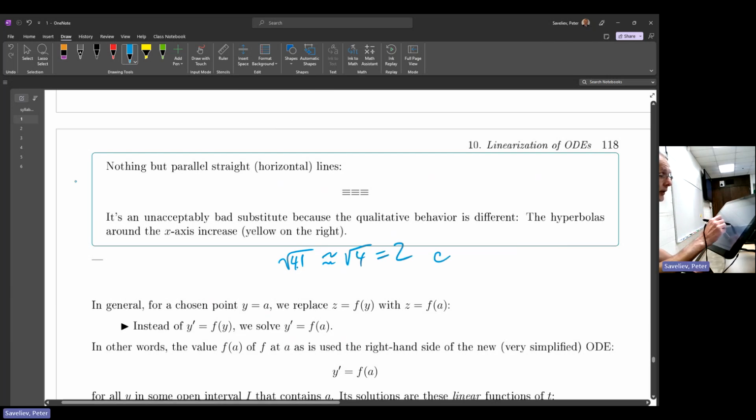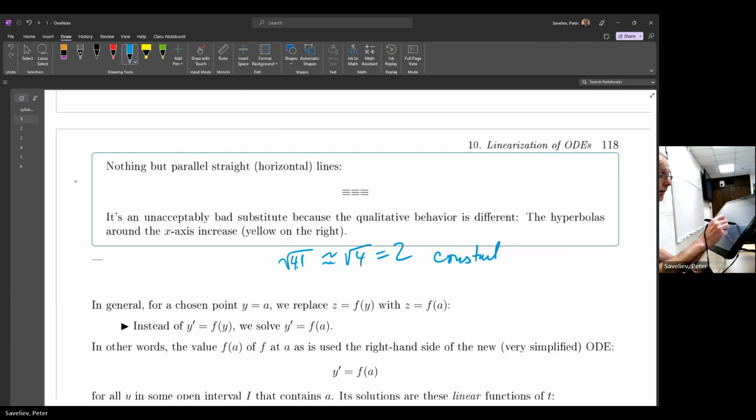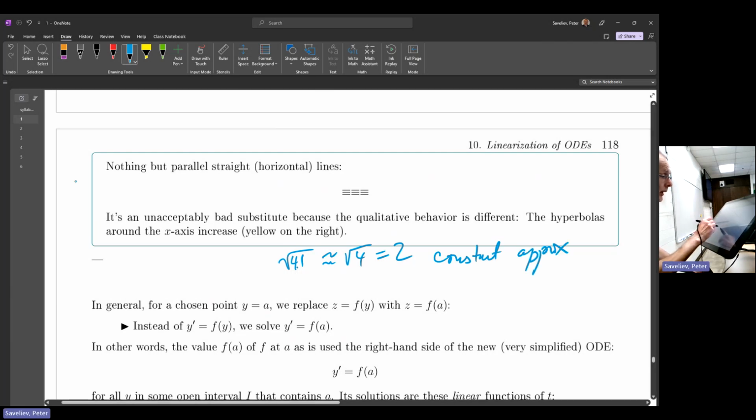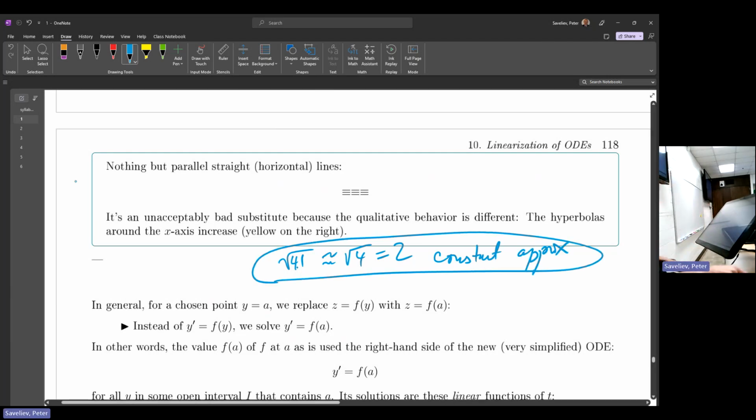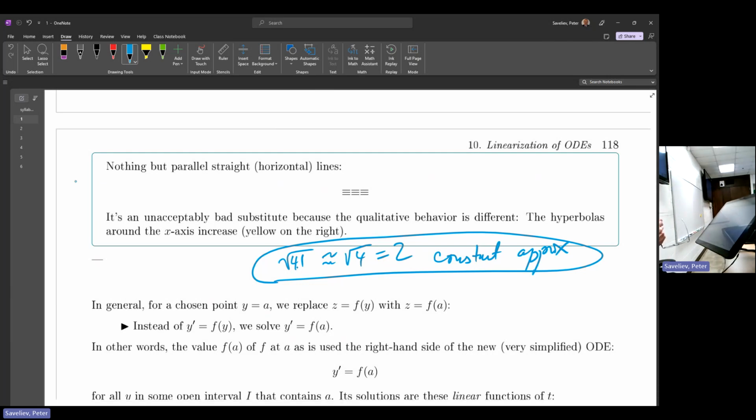So that's constant approximation, and that's the best you can do: you don't know how to compute the square root of 4.1, so you find a nearby constant whose square root you know. You replace the square root with a bunch of constant functions like this. As long as you're fairly close to 4, you pick 4, and the answer will be 2 every time.